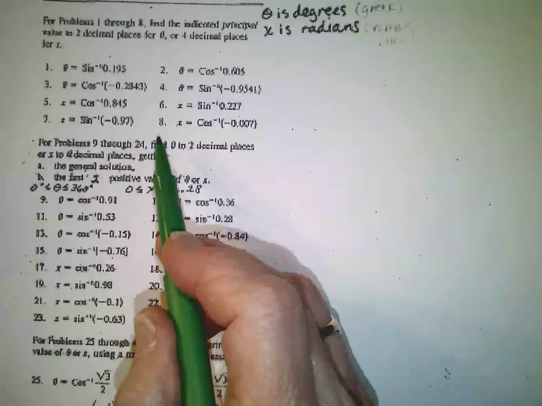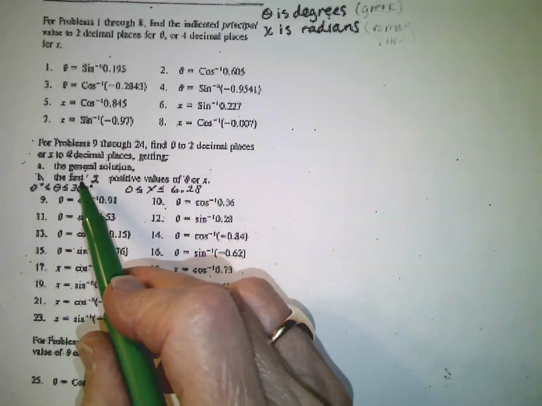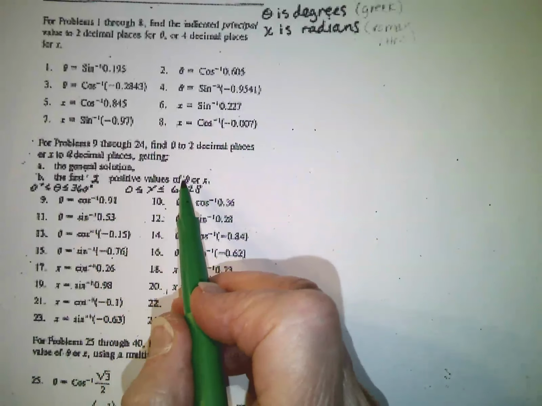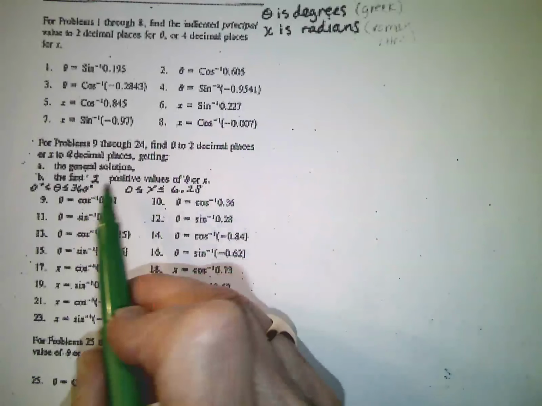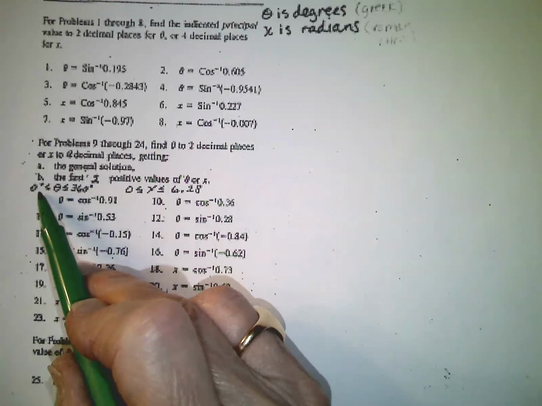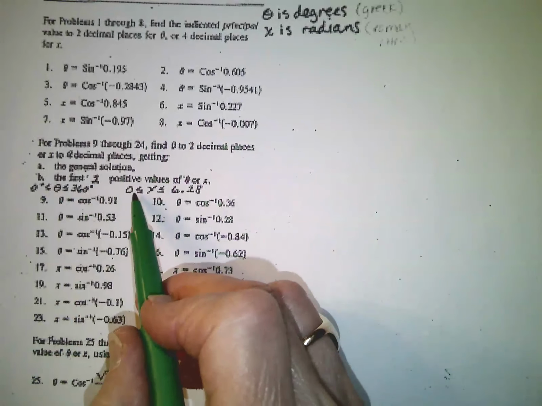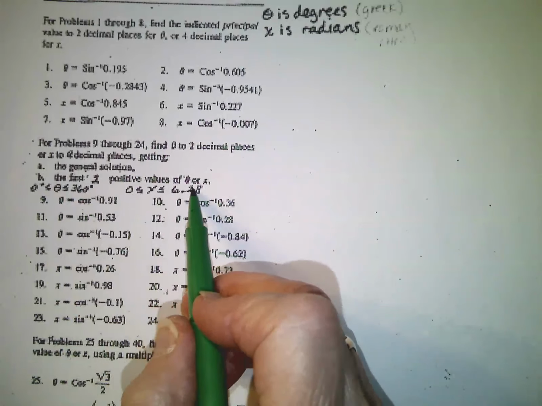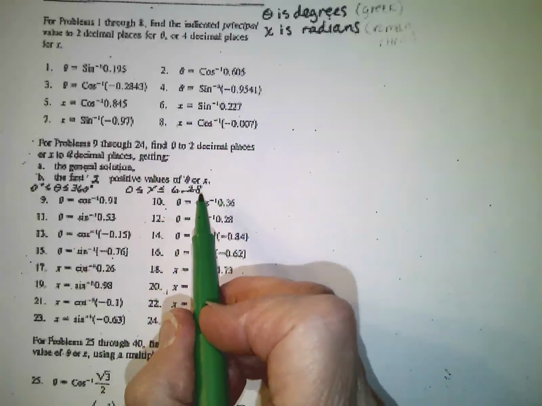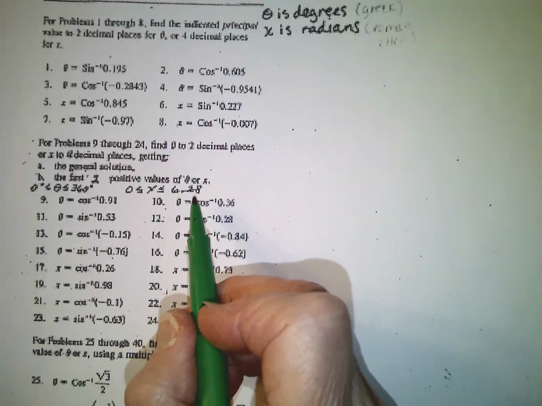So they want us basically to round off to the nearest hundredth, and they want us to find 2 positive values of theta or x. In other words, they want us to find theta between 0 and 360. They want us to find x between 0 and it should be 2 pi radians, but since they said we're rounding off to 2 decimal places, we can round 2 pi off to 6.28.